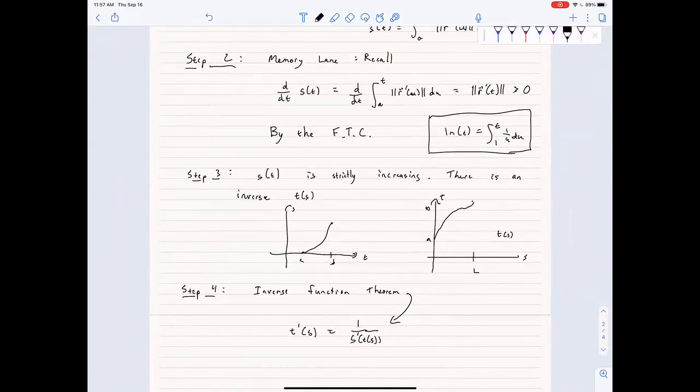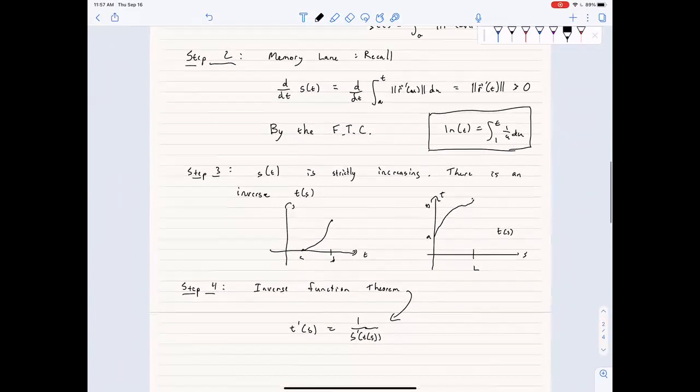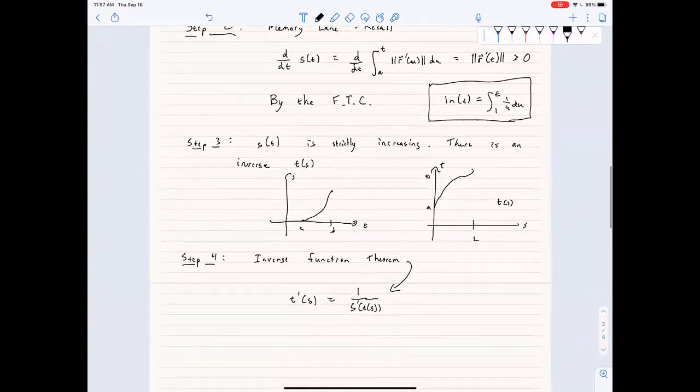But the point is that with this definition of the arc length function, there exists an inverse function satisfying this nice property. And once we know that, we can go ahead and reparameterize.